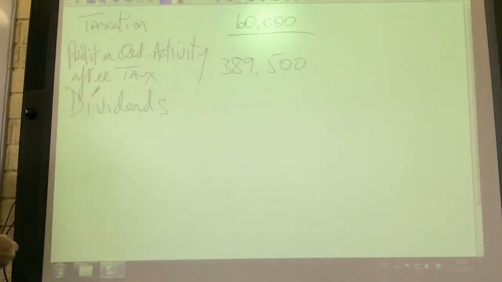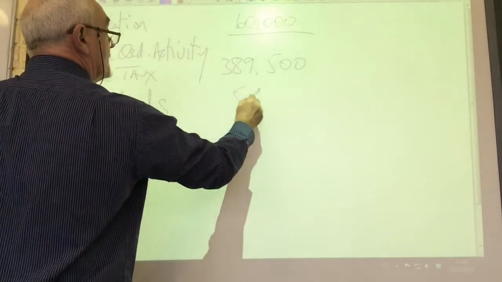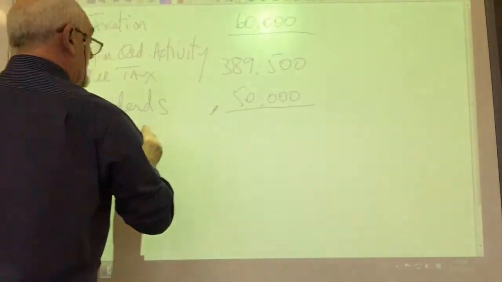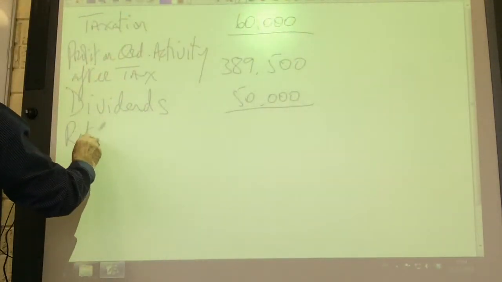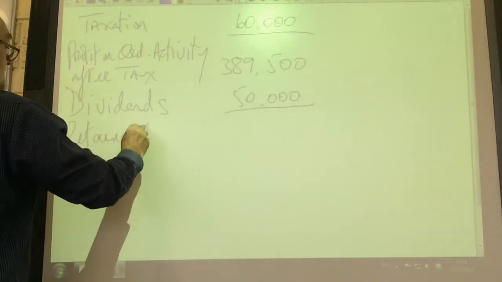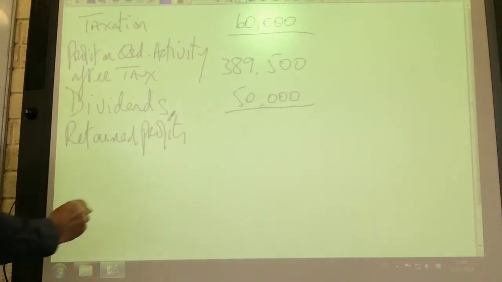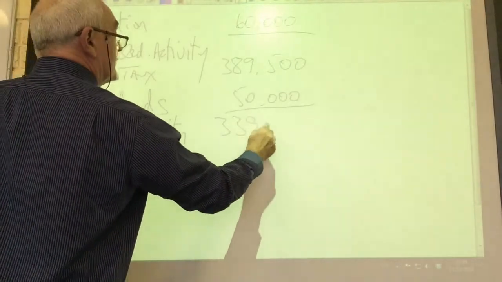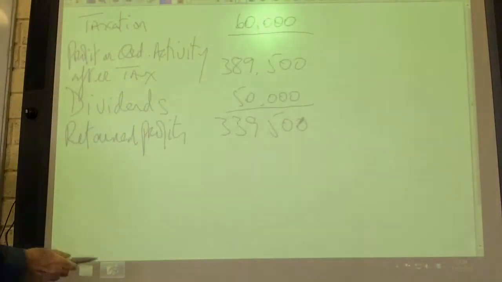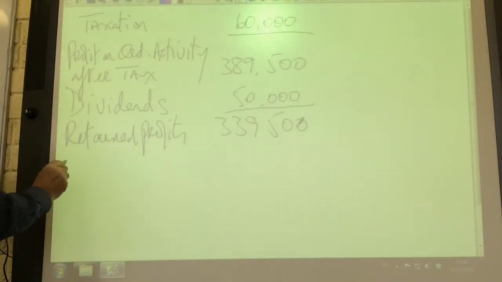Just the one figure, 50,000. That gives us retained profits, 339,500, to which we add the profit left over from previous years.